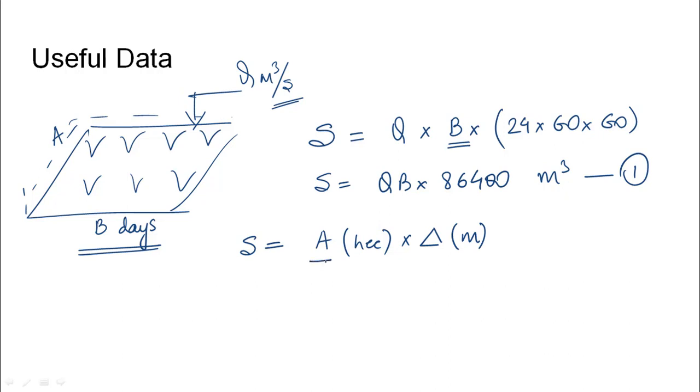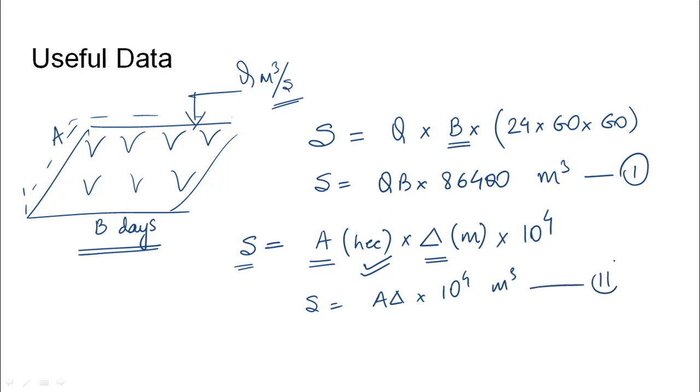So using the product of A times delta, we can also obtain the quantity of water S that is needed. But here area is in hectares, so we need to convert it to square meters using the conversion factor of 10 to the power 4. This would give S as A times delta into 10 to the power 4 in meter cube units. This will be our second equation.